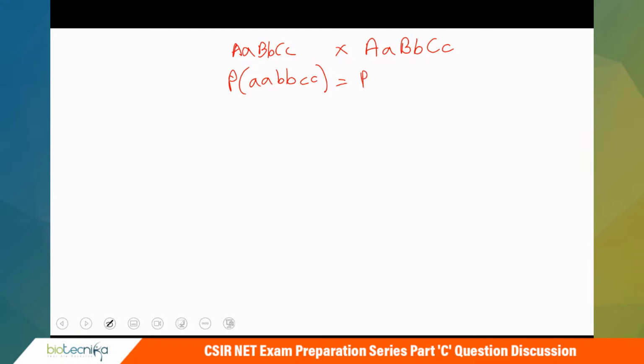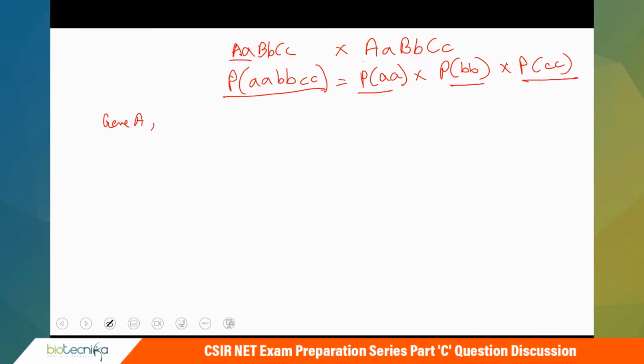The first event is small a with small a coming together, the second event is small b with small b, and the third event is small c with small c. Their combined probability will be equal to the multiplication of their individual probabilities. So now let's separate the genes. For gene A, the cross is this. You can make a monohybrid cross quickly, if it is not at your fingertips. So what is the probability of small a small a?